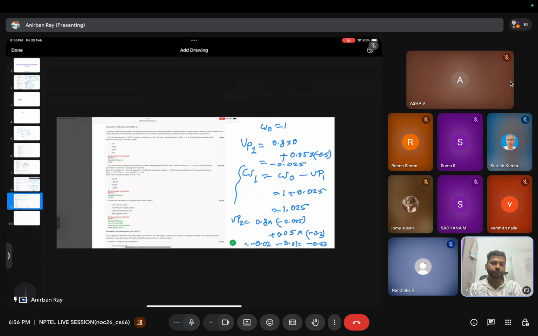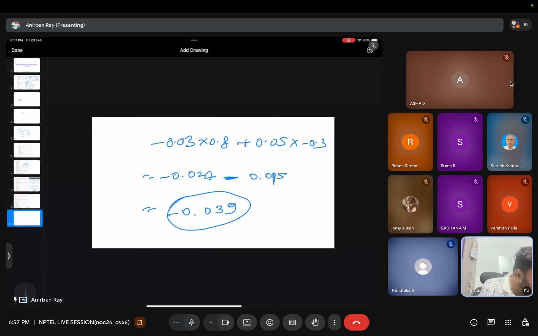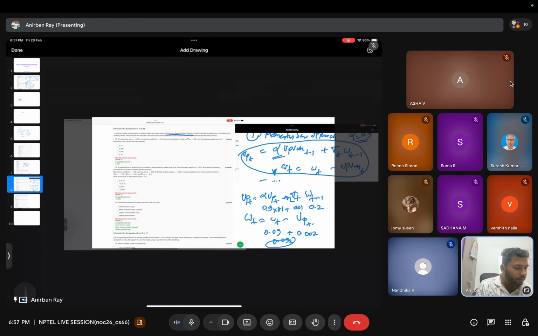Something I've used wrong here. It seems correct, I don't know. So the 3.9 I've got should be 0.009. The 3 is coming extra.